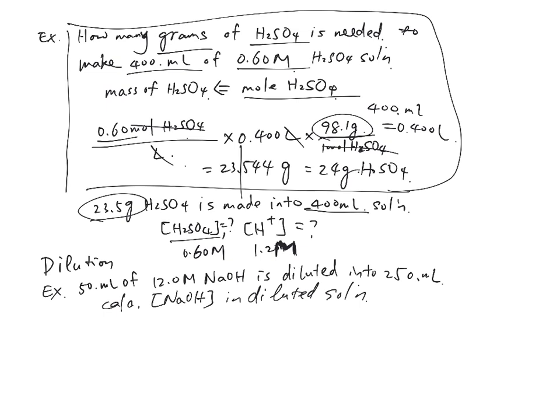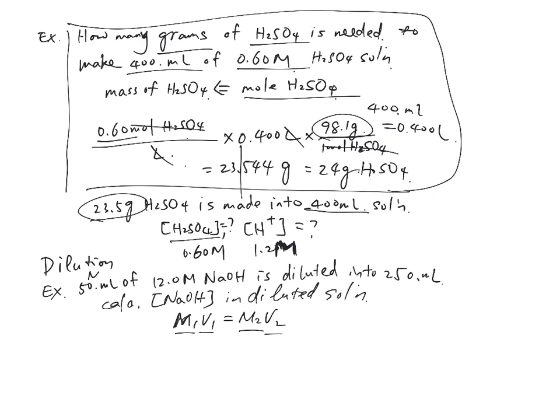Our dilution calculation has the equation of M1 V1 equal to M2 V2. Molarity of the original solution times the volume of the original solution should equal the molarity of the diluted solution times the volume of the diluted solution. So let's see.